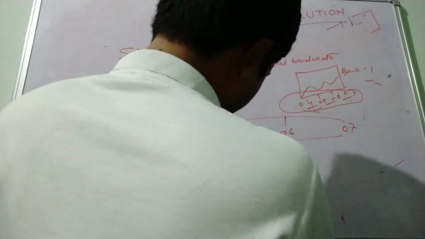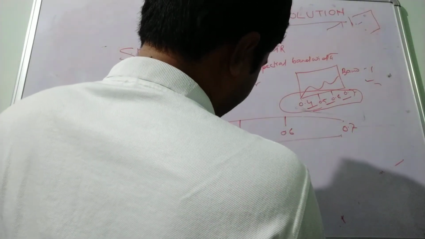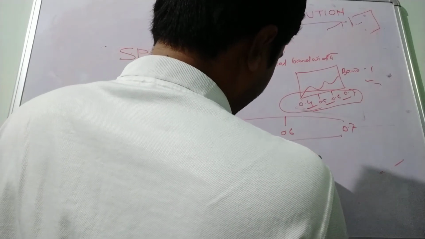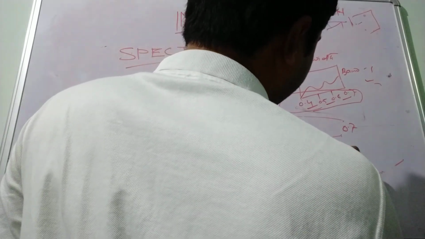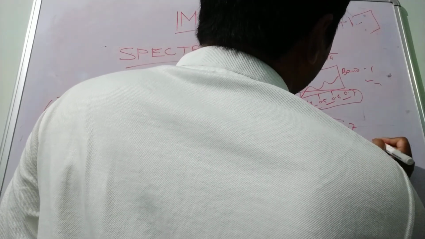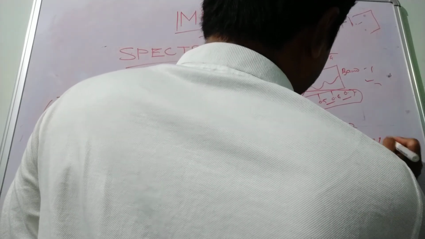In panchromatic data, we have a single band and we get black and white data.